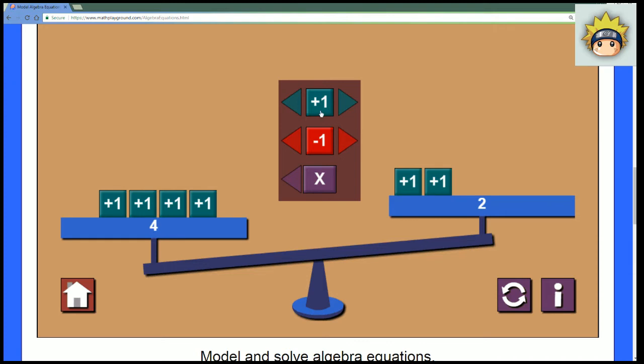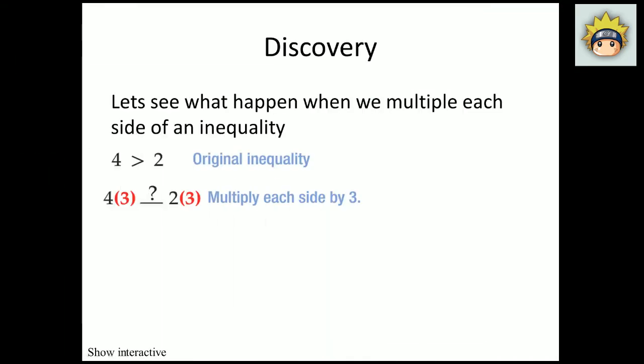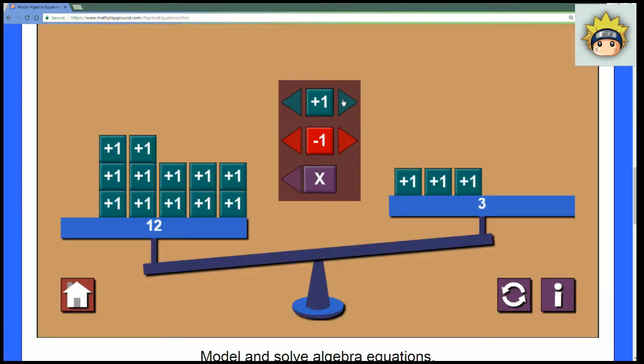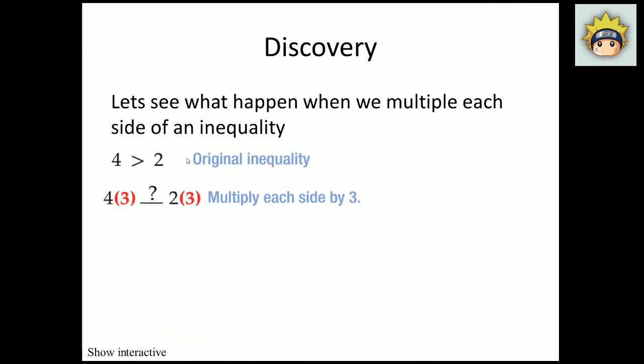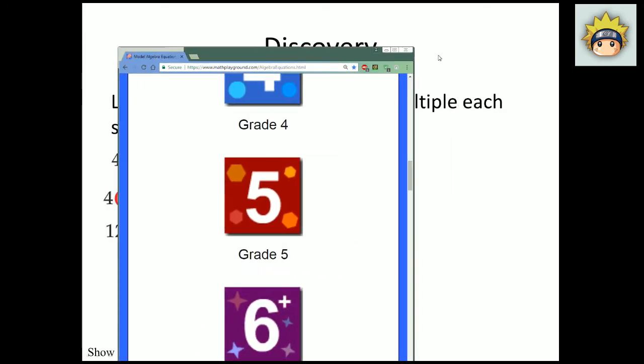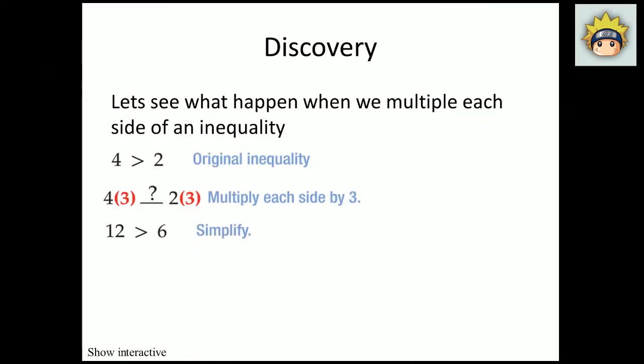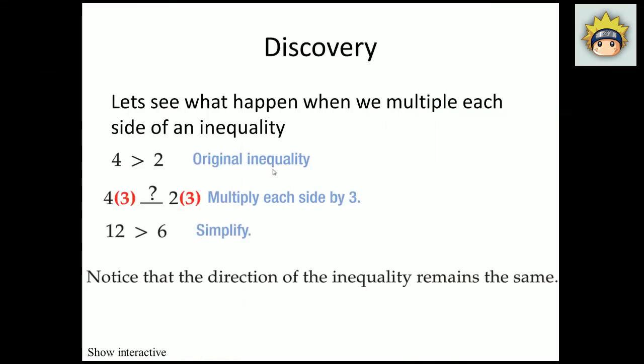So 4 times 3 is 12. 2 times 3 is 6. Okay, 12 and 6. Notice that 12 is still greater than 6. That holds true because 12 is still greater than 6. Notice that the direction of the inequality remains the same.